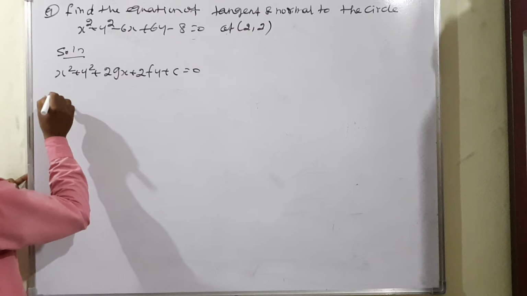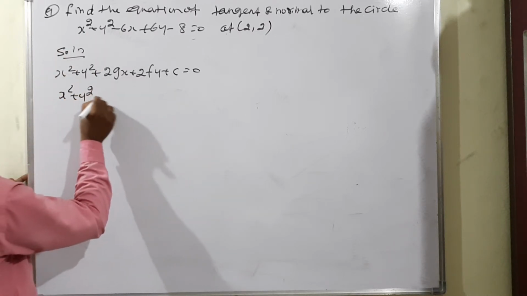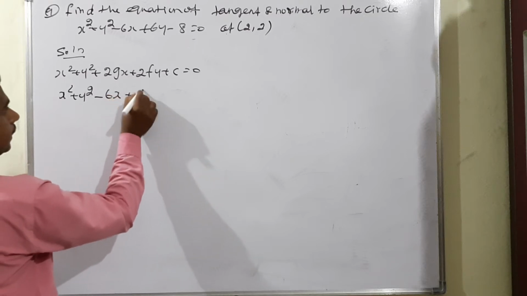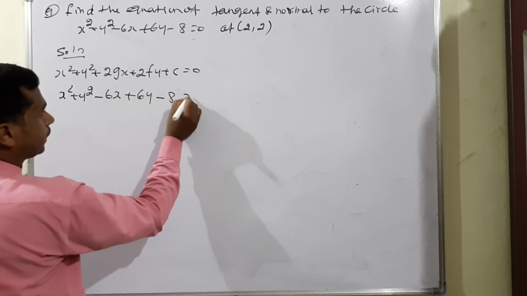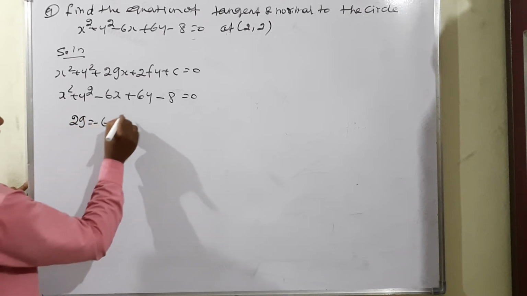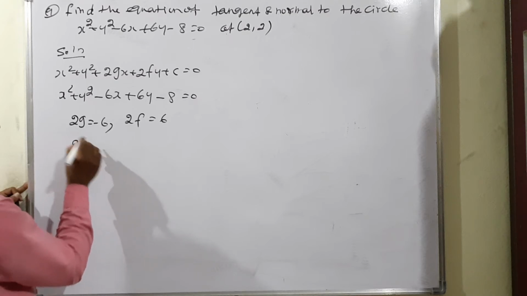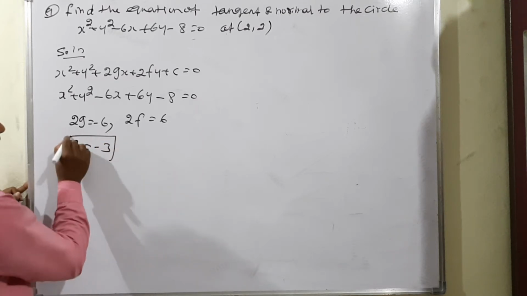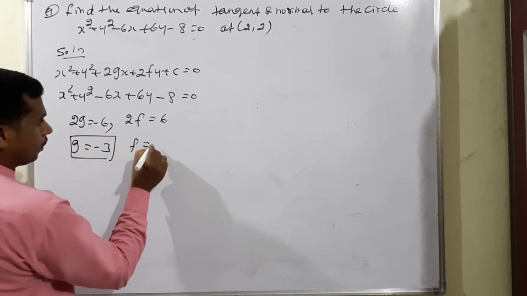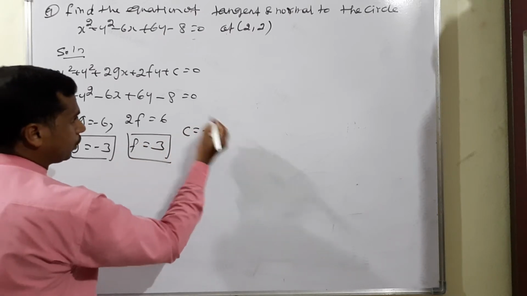Given the equation, 2g is equal to minus 6, then 2f is equal to positive 6. Therefore, g is equal to minus 6 by 2, which means minus 3. Then f is equal to 6 by 2, which means positive 3. Then the constant c is equal to minus 8.